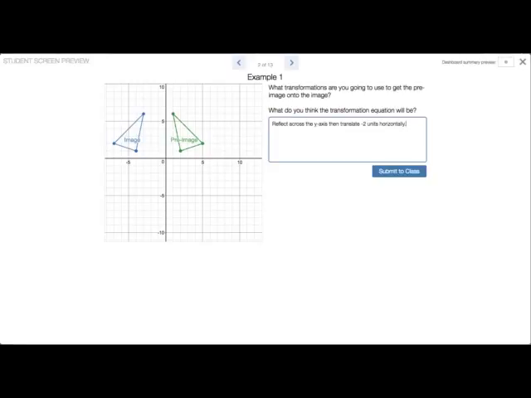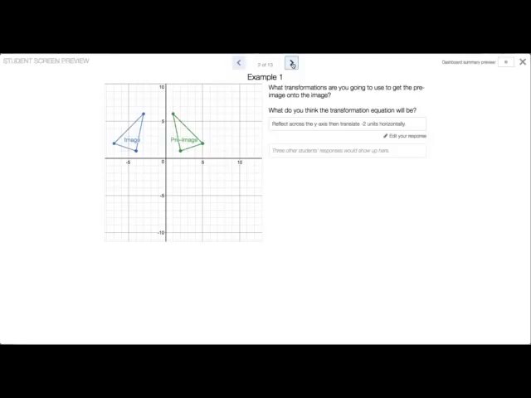If you use -2 units left, that's really kind of wrong. -2 units left would mean left -2, which is actually right. You could say left 2 units, but using the words horizontally, -2 units, is a little more precise. Okay, you can hit submit to the class. You'll be able to see some other people's eventually here.